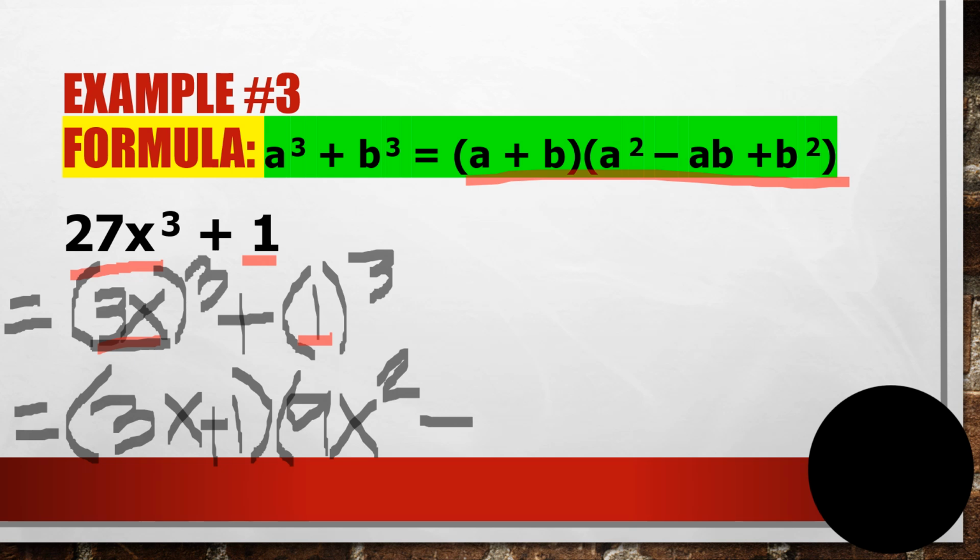Minus A times B. Our A here is 3x times 1. Then we have 3x plus B squared. Our B here is 1. So 1 times 1 is 1. And then close it. And then that is now our final answer.